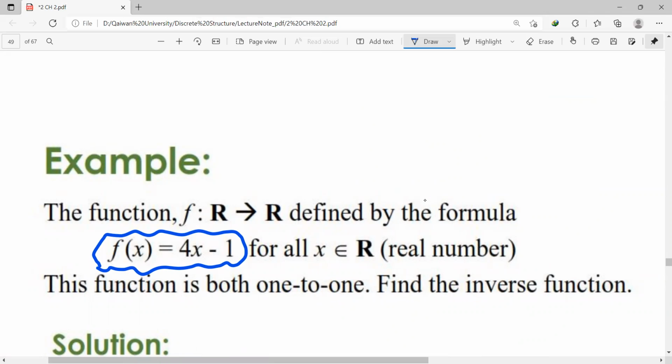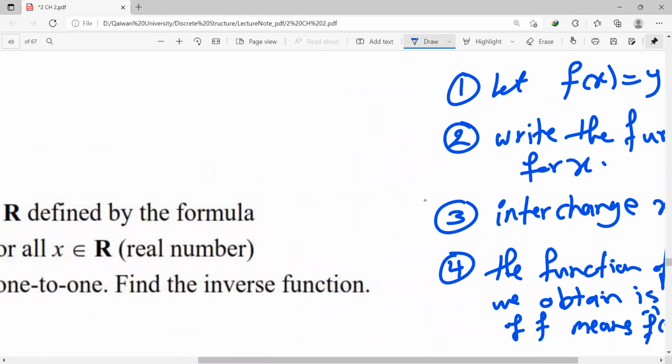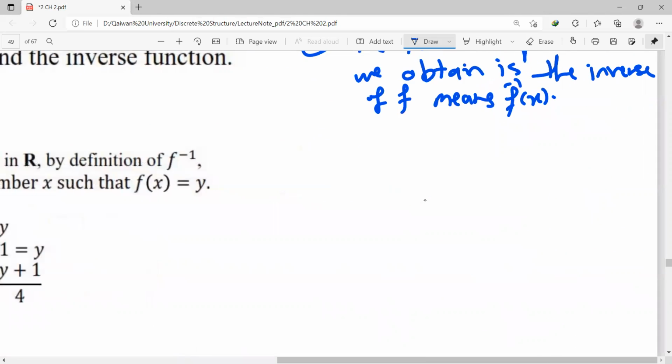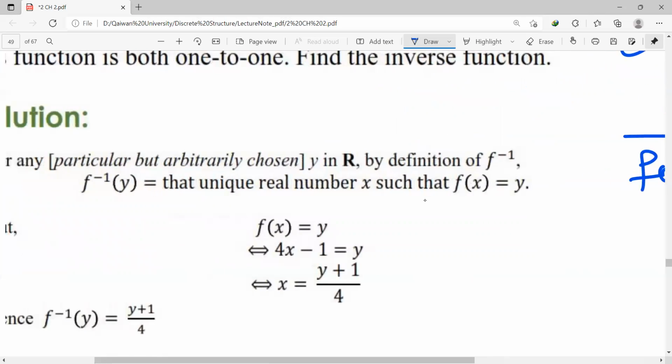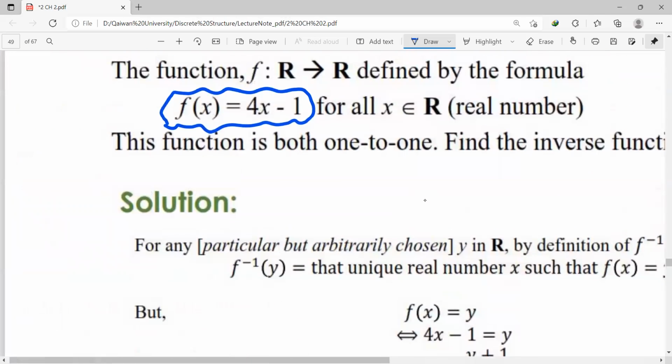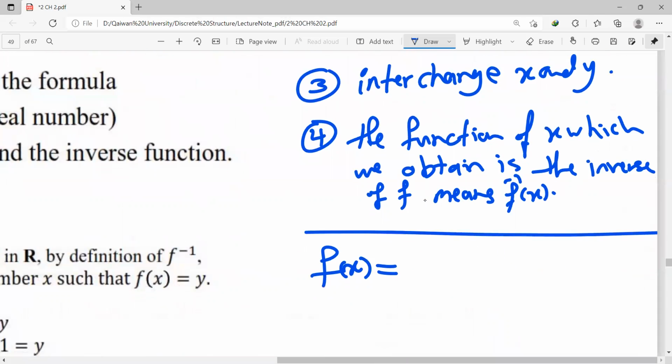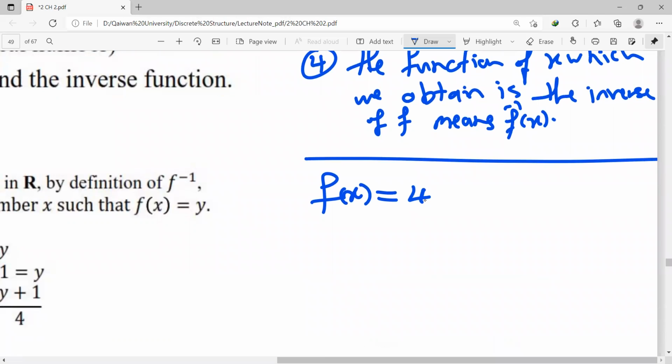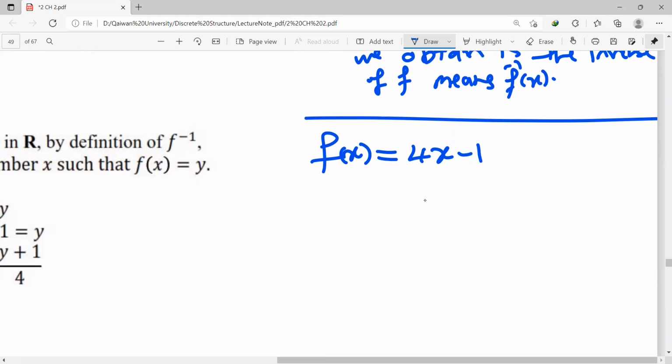Let's write down the function, f of x equals 4x minus 1. To find the inverse for this function means to find f inverse of x.